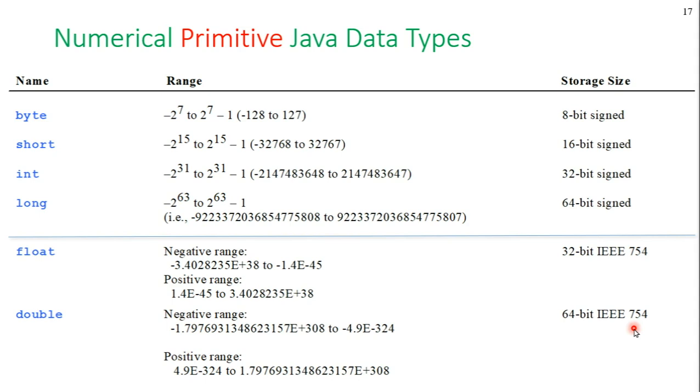Without going into detail, that means that we are going to use some of those bits to store the mantissa of the number and some of the bits to store the exponent. Like when you write and read a number in scientific notation, for example, minus 4.9 exponent minus 324, right? This is your exponent. This is your mantissa, right?